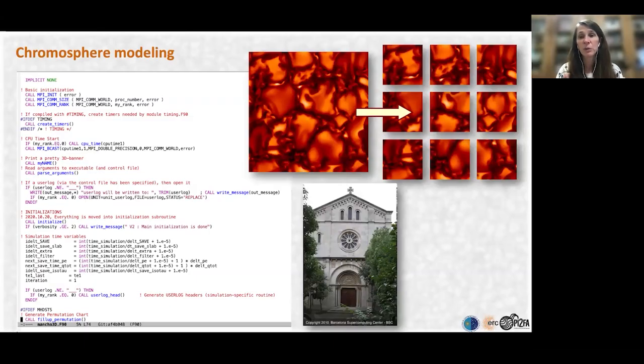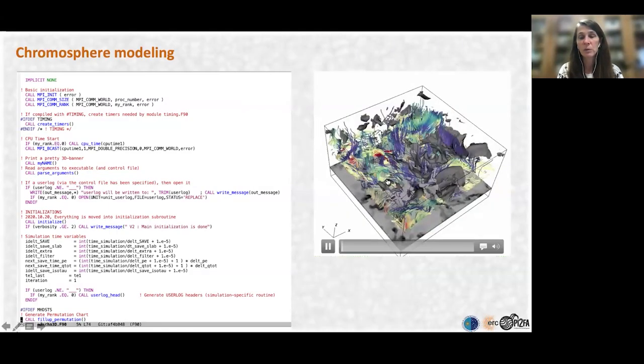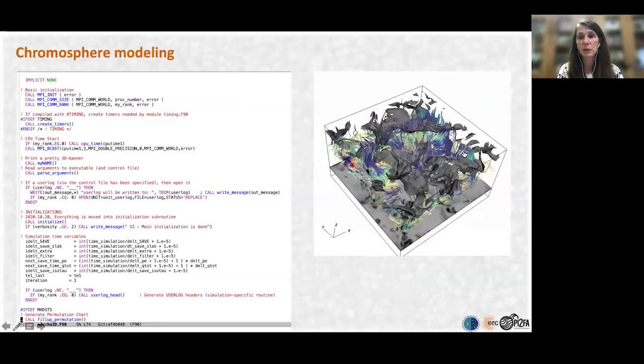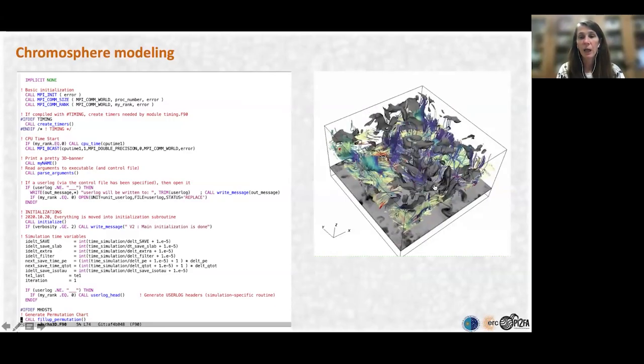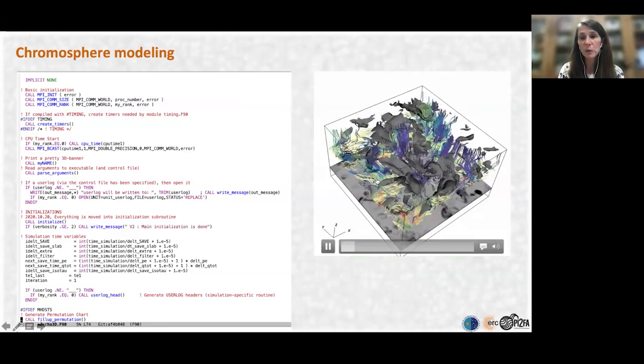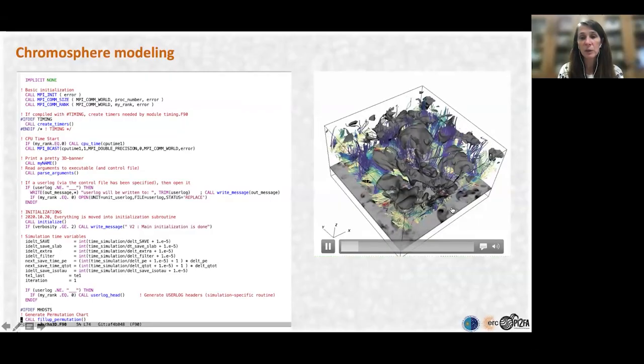So you have to divide your numerical box into small pieces, and each of them is sent to an individual CPU unit, and then they interact with each other, and eventually you obtain a solar model that may look something like this movie that we see here. This movie shows us a piece of the sun.